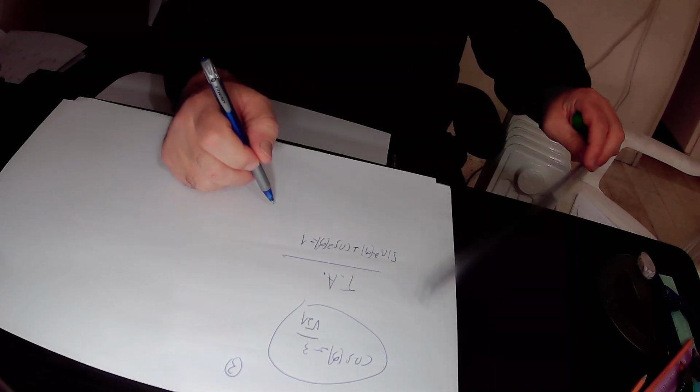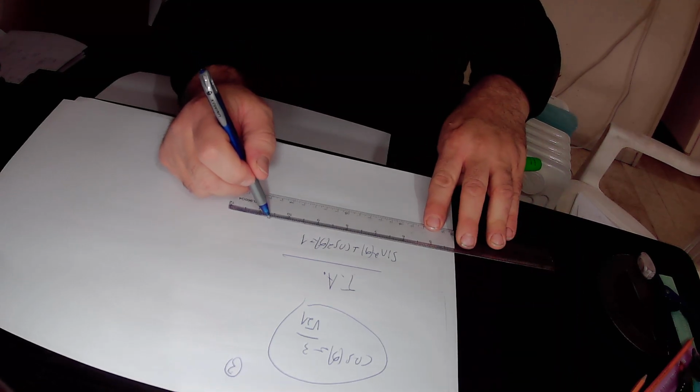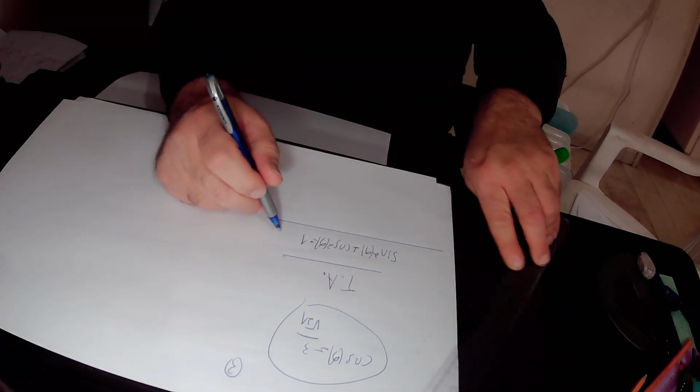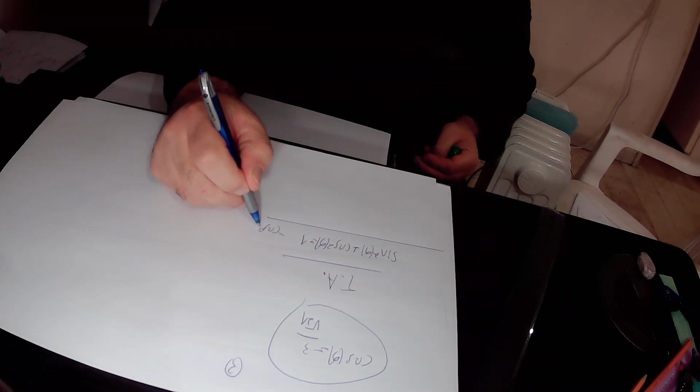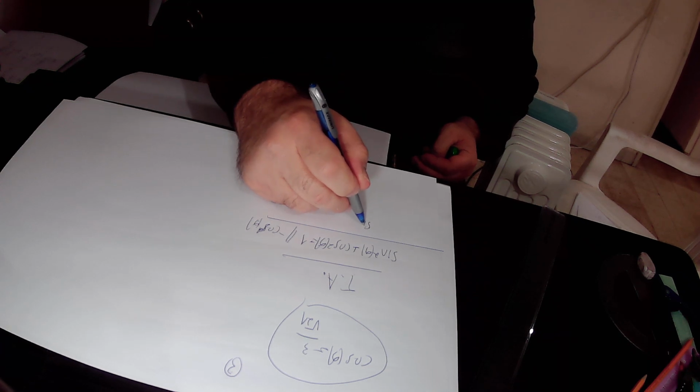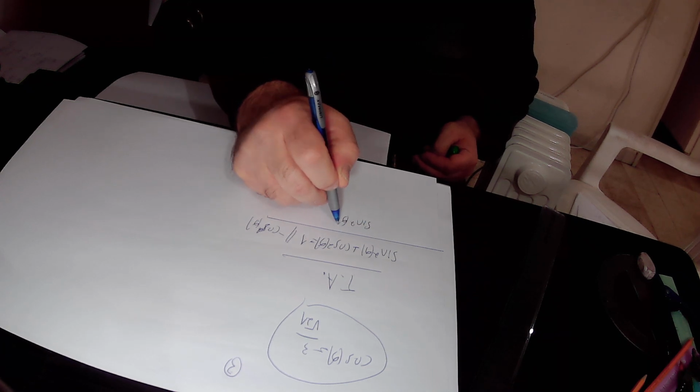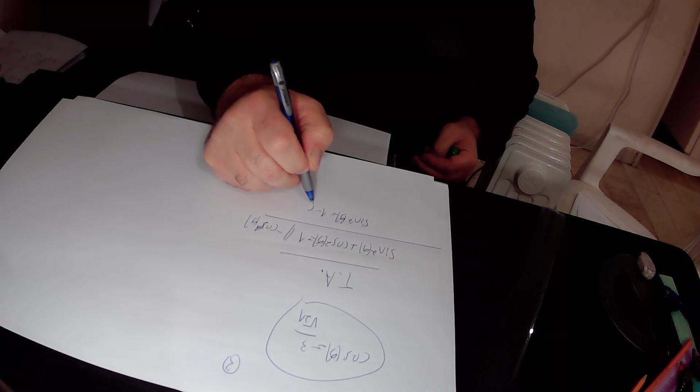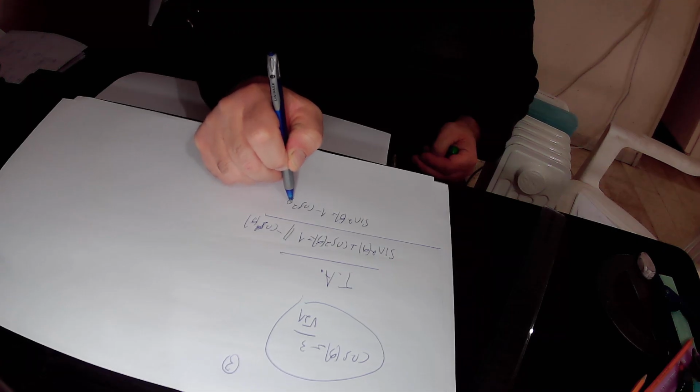Here we subtract cosine squared alpha from this trigonometric identity, and we get that sine squared alpha equals 1 minus cosine squared alpha.